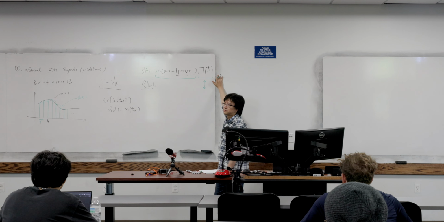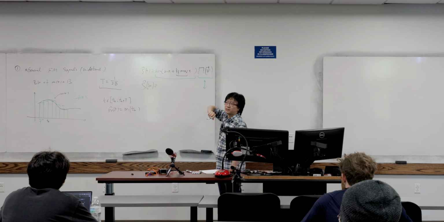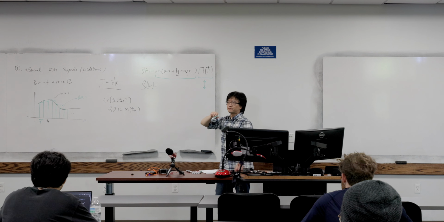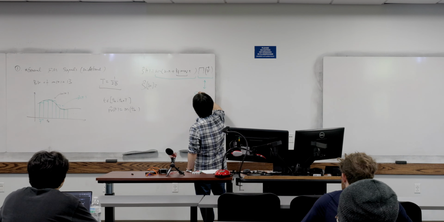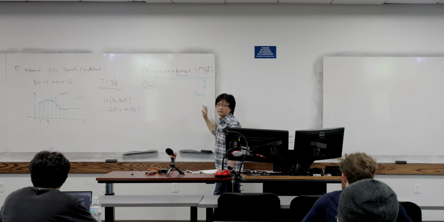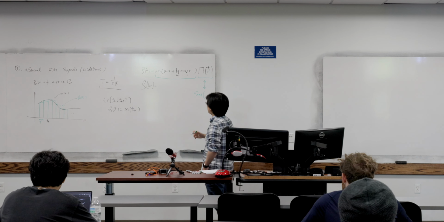Anybody remember it? We did that so many times. It's just standard form, T over capital T. But you do remember it's a sinc, you just don't remember the coefficient. It's not that hard to remember.